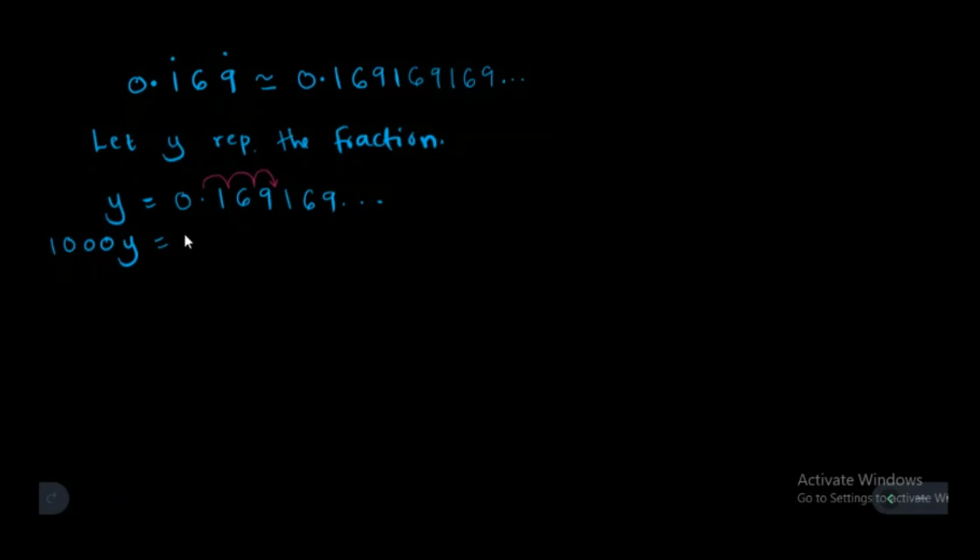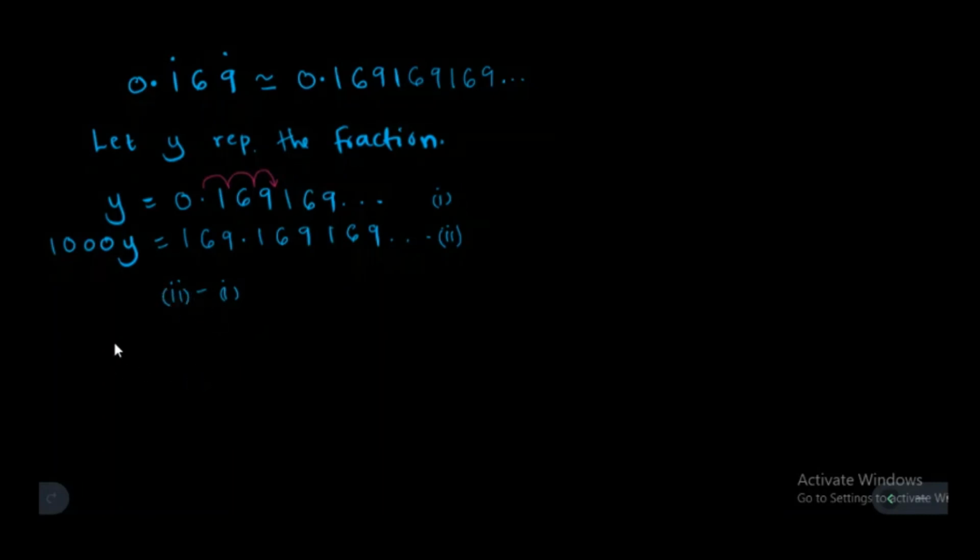That will be the new place of where the decimal place will be at. So I'm going to rewrite that. So I'll have 169.169 recurring. So this is the first equation, this is the second equation. The next step is to subtract the second equation and the first one.